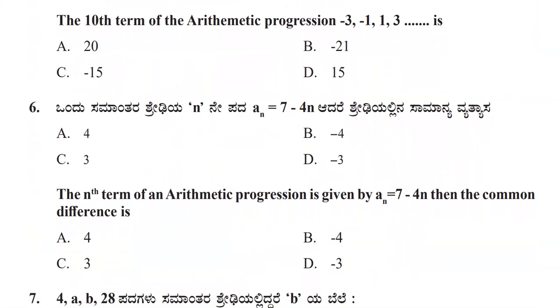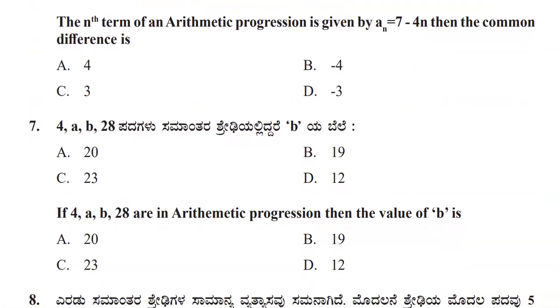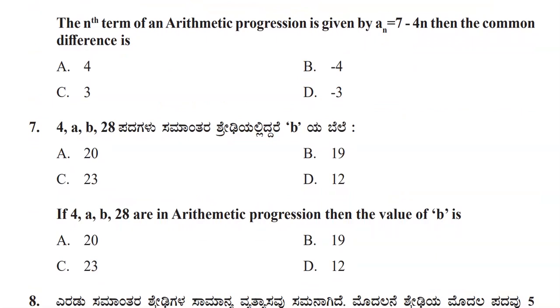The 10th term of the arithmetic progression minus 3, minus 1, 1, 3 and so on is, the correct answer is option D, 15. Next, question number 6. The nth term of an arithmetic progression is given by an is equal to 7 minus 4n, then the common difference is, the correct answer is option B, minus 4.